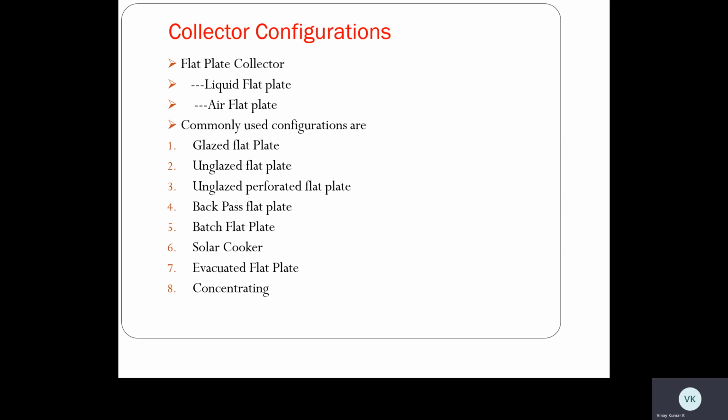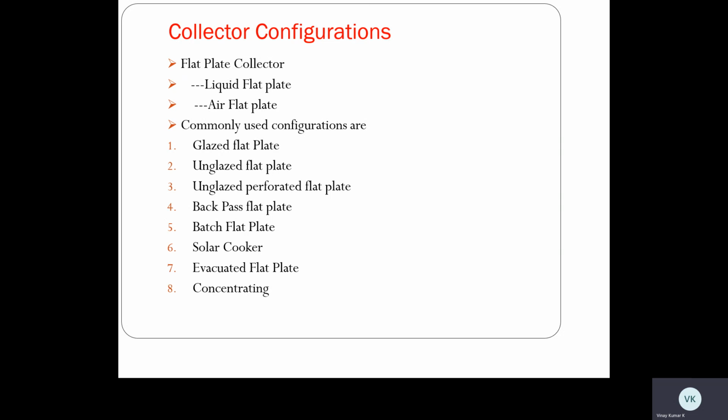So normally these flat plate collectors will be liquid flat plate collectors or air flat plate collectors. So in liquid flat plate collectors, what happens? The collectors use sunlight to heat a liquid that is circulating in a solar loop.